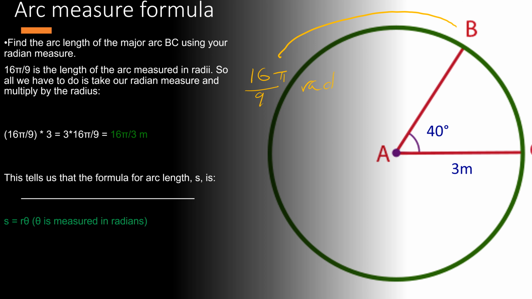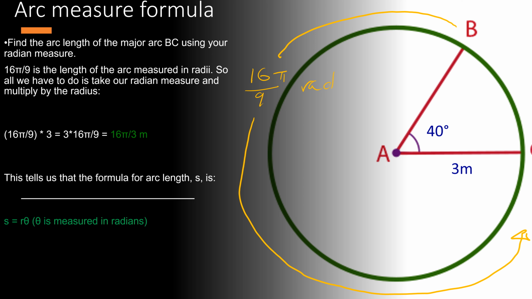What I actually want to find is the actual measurement. If you were to take a piece of string along this major arc from B to C, how long would that piece of string be? Here I know my radius is 3 meters, so I'm going to keep that in mind.